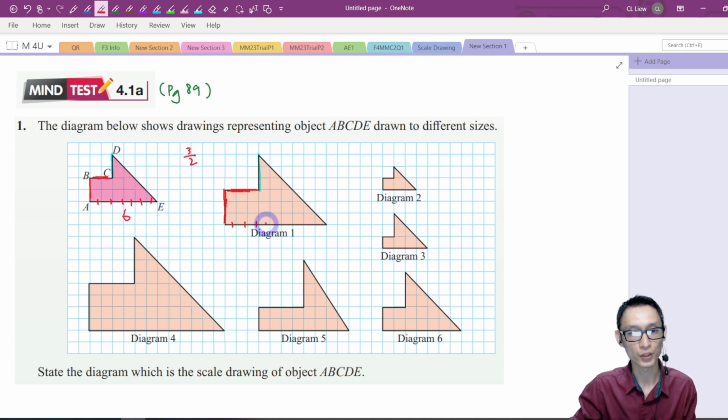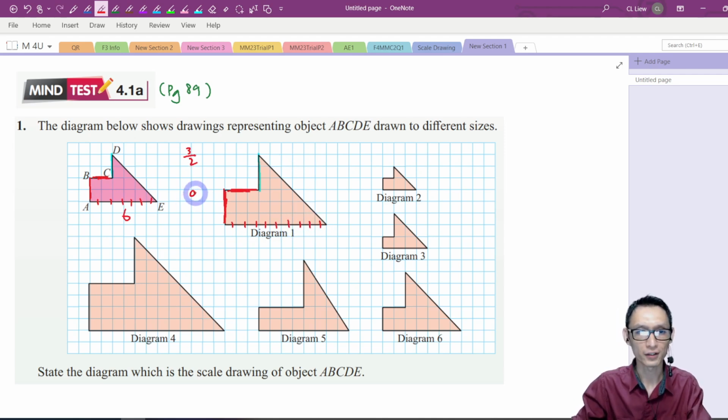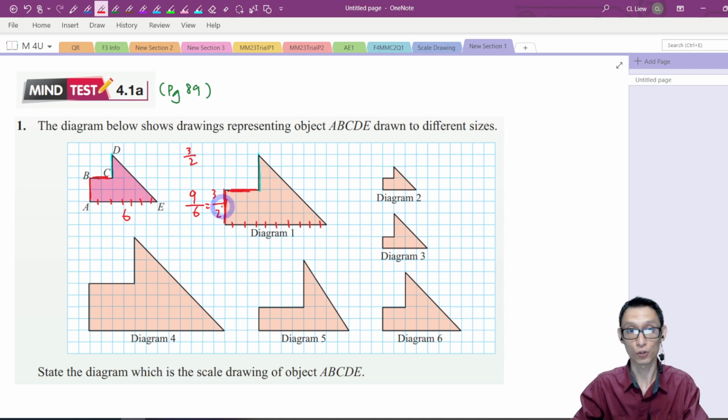And 1, 2, 3, 4, 5, 6, 7, 8, 9. So now let's take 9 divided by 6. Do we still get 3 over 2? Yes, 3 over 2. Therefore, we can conclude that this is a scale drawing of this object.